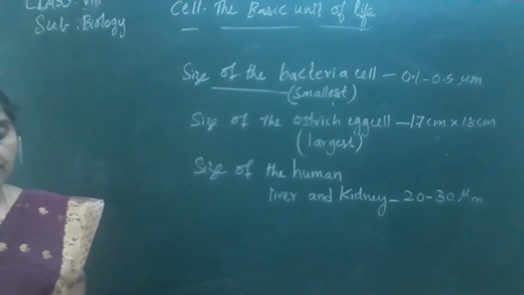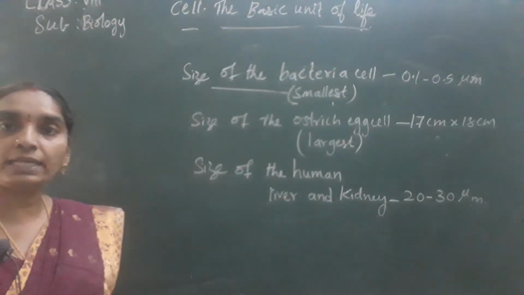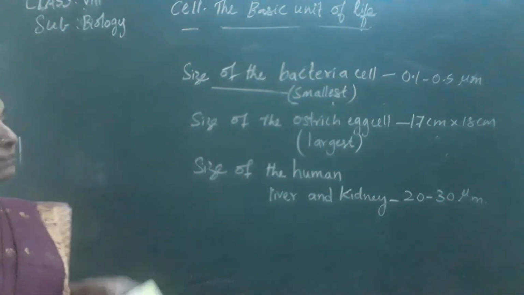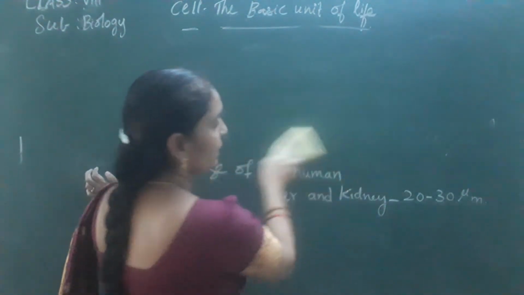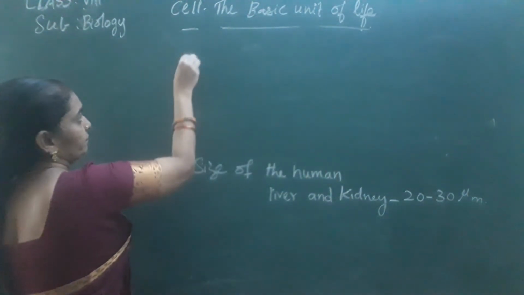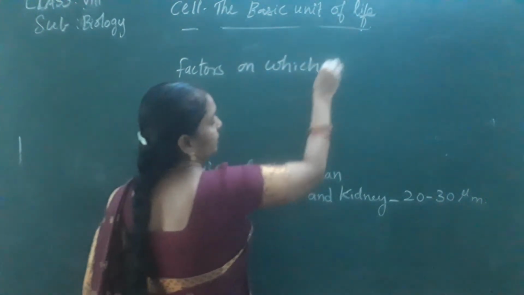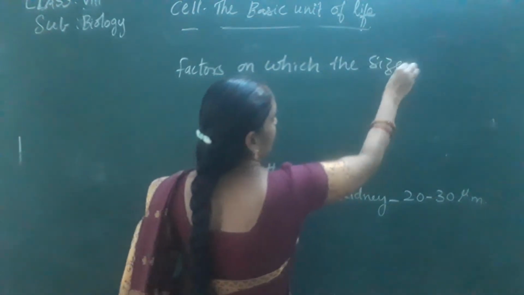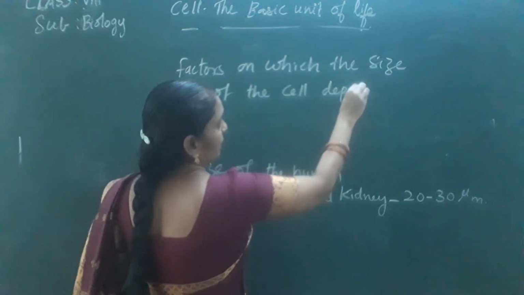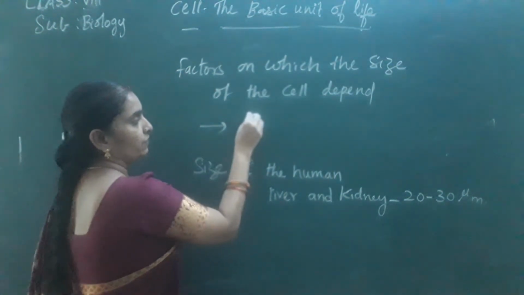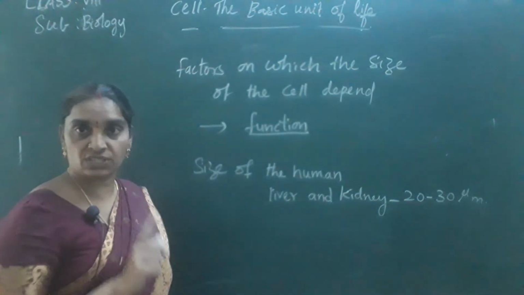So these are the factors on which the size of the cell depends. Number 1, its function.